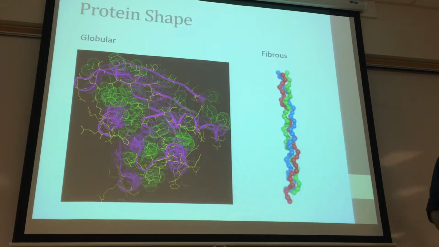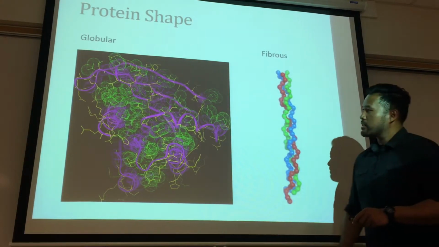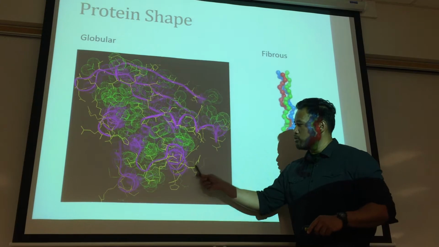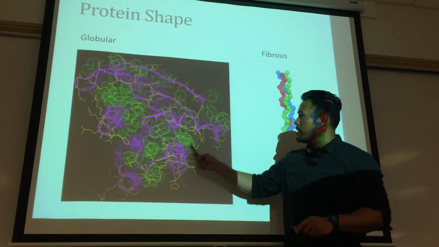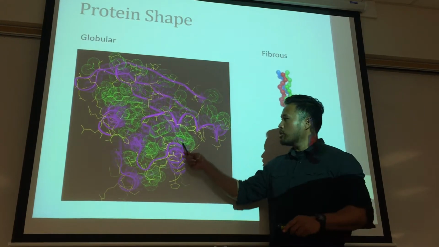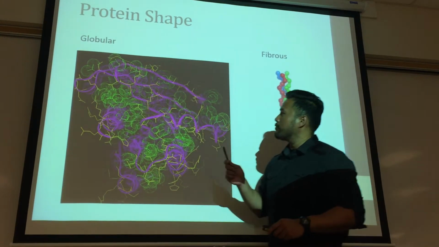If you take a look at the globular proteins on here, you can see the areas in yellow are hydrophilic, meaning they want to be exposed to water. The areas in green have a tendency to hide away from water, so they're hydrophobic. Again, the tertiary structure depends on how this thing folds.